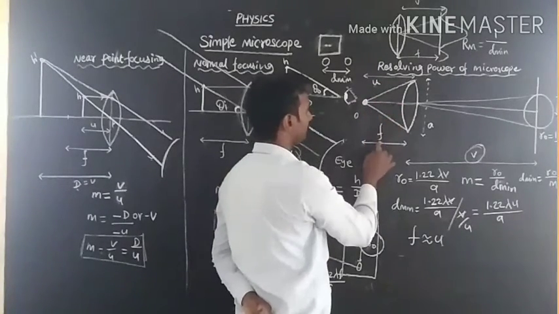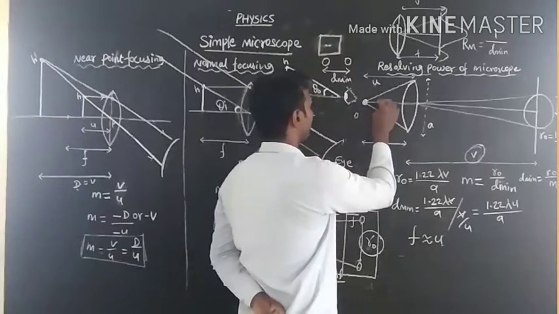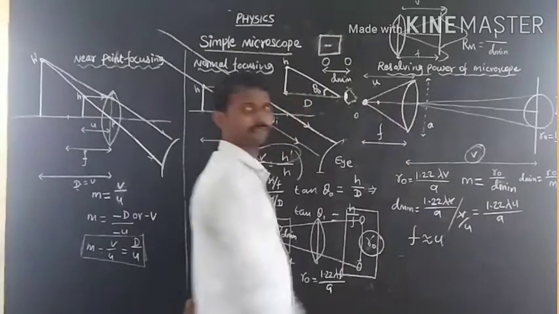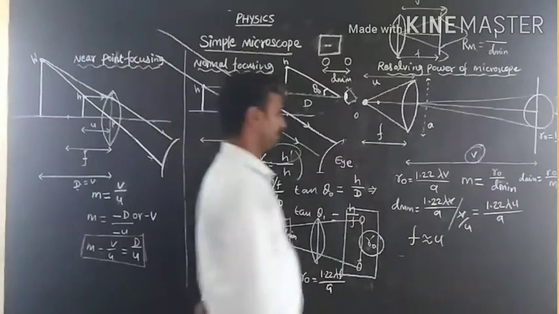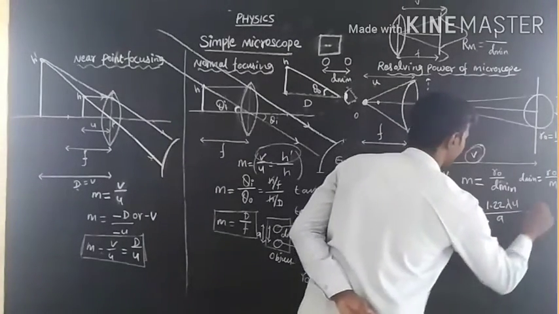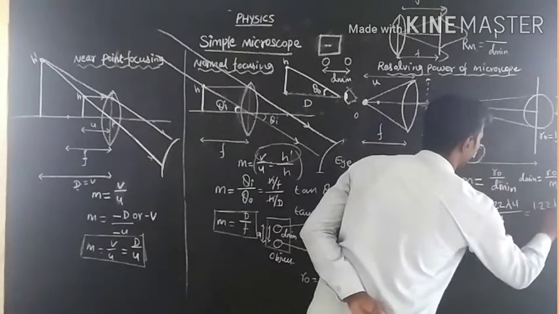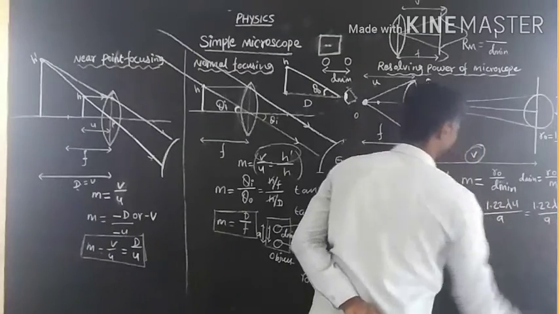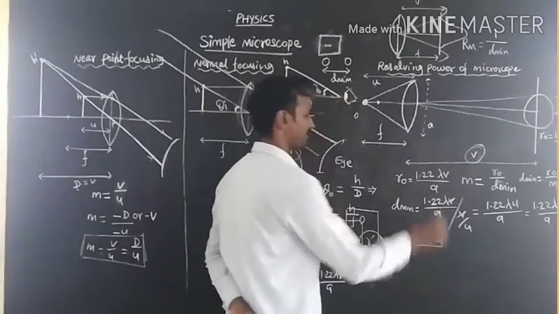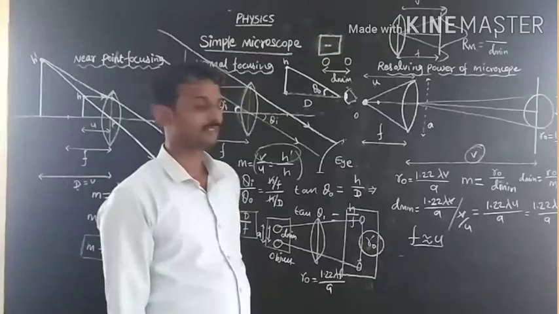So u is approximately equal to f. Therefore, we get 1.22 lambda f divided by a for the position of an object approximately equal to principal focus.